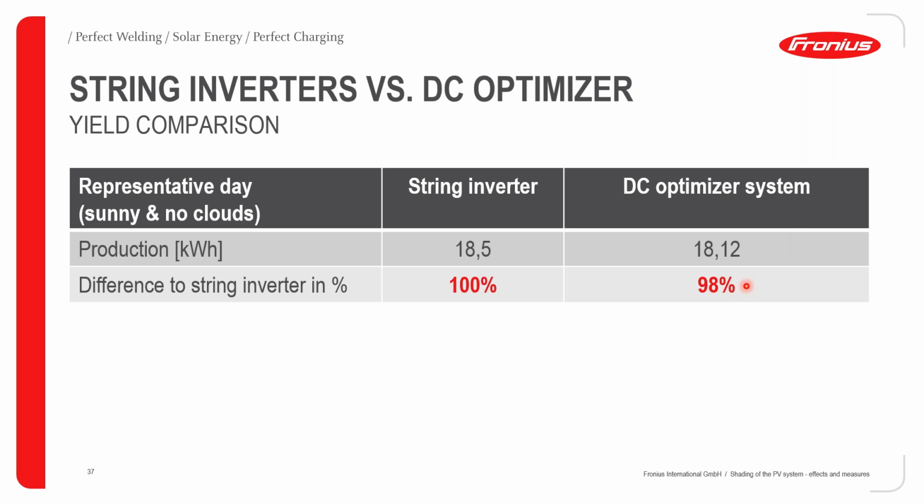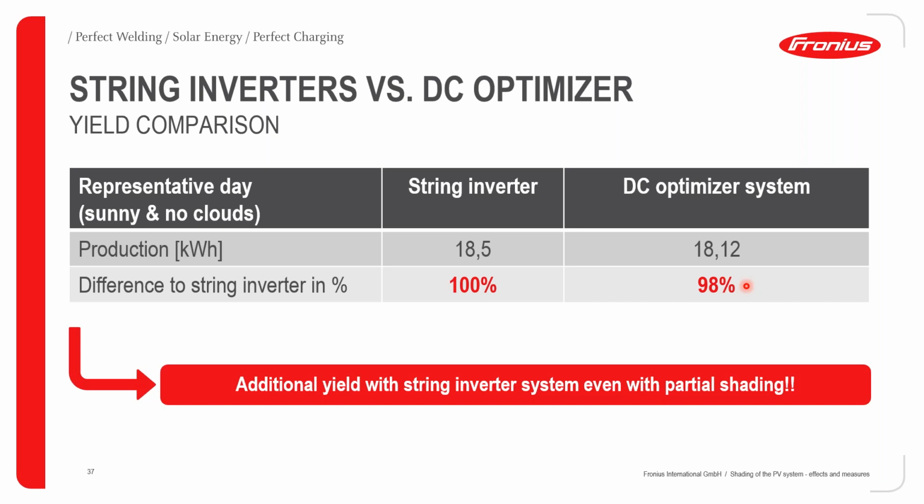And if you look at this 2% output loss when the DC optimizer is used over the entire life of the system, plus of course the increased risk factors of failure in the system because of additional components, then you can clearly see that for really low to moderate shading conditions, you do not benefit at all by using DC optimizers.